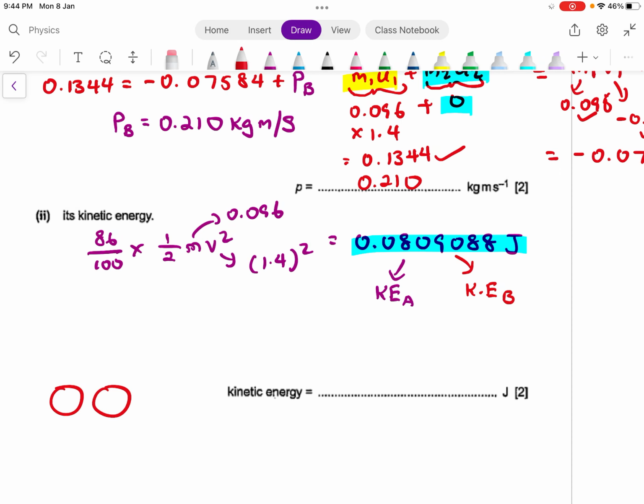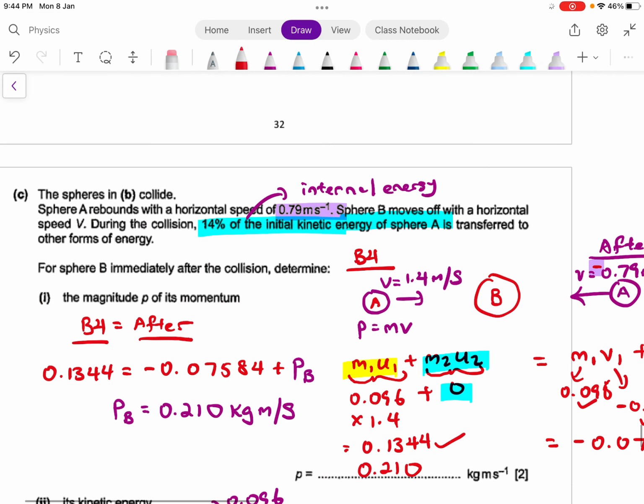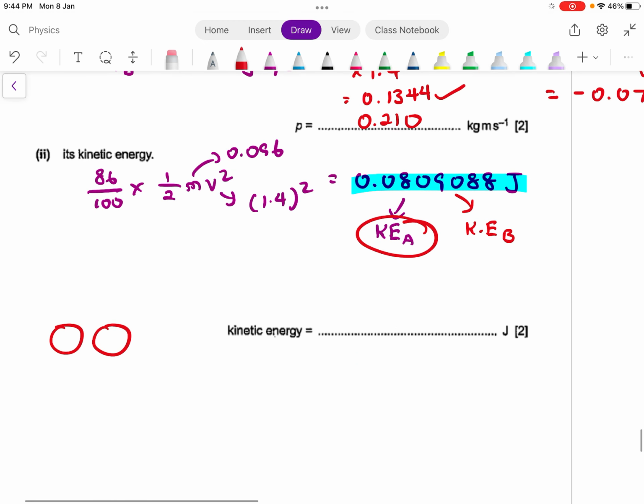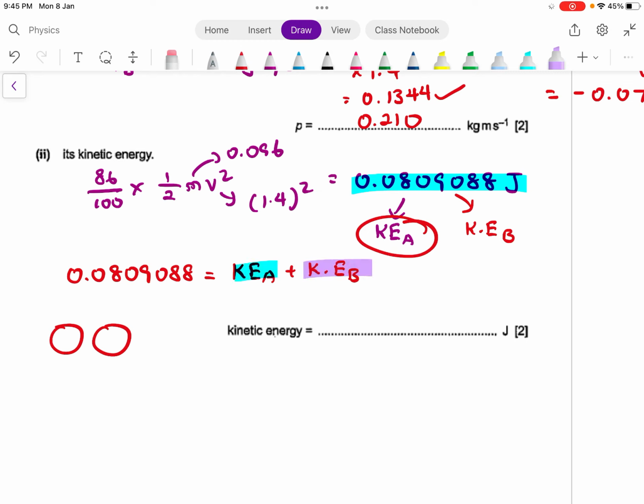So what is the kinetic energy of sphere A after collision? This one I know, because I already know my speed. So half, 0.79 meter per second. So 0.0809088 is equal to kinetic energy of A plus kinetic energy of B. So this KEA plus KEB are the kinetic energy after the collision.